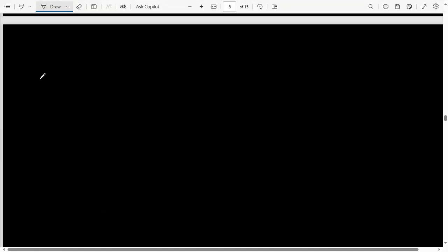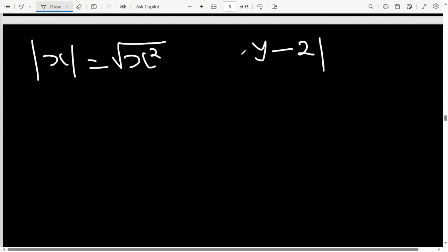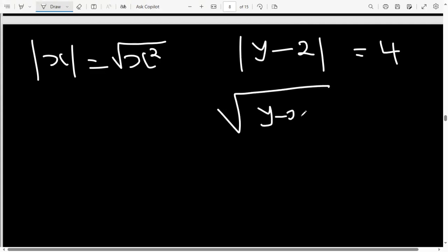We said the modulus of x is the same as the square root of x squared. So now we have the modulus of y minus 2 equal to 4. By definition, this is the same as the square root of y minus 2 squared: whatever is inside, you square it and put it under a root.